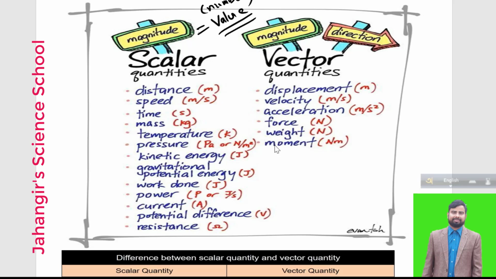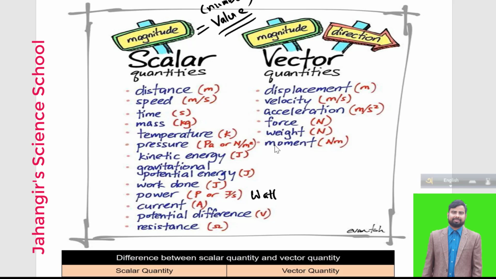Examples of some scalar quantities: distance, unit meter; speed, unit meter per second; time, second; mass, kg; temperature, Kelvin; pressure, Pascal or Newton per meter squared; kinetic energy, joule; gravitational potential energy, also joule; work, joule; power, joule per second or watt; current, ampere; potential difference, volt; resistance, ohm.